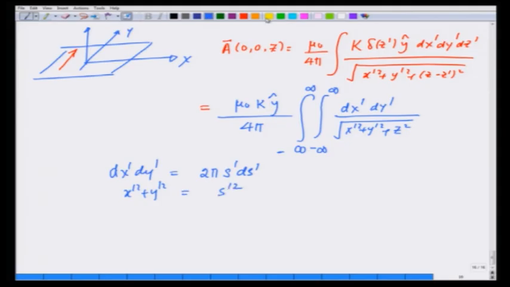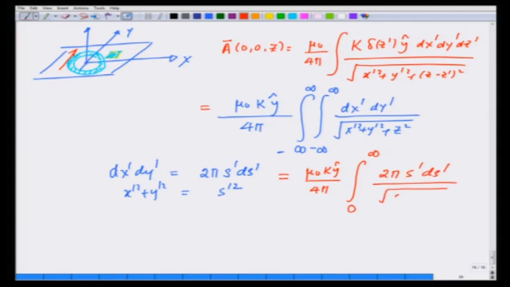Since this is an integral which is symmetric, I am actually taking this area and integrating over it. It is the same thing as long as I cover the entire area, and therefore, I can write this expression as mu naught k y over 4 pi integral 0 to infinity 2 pi s prime ds prime over the square root of s prime square plus z square.